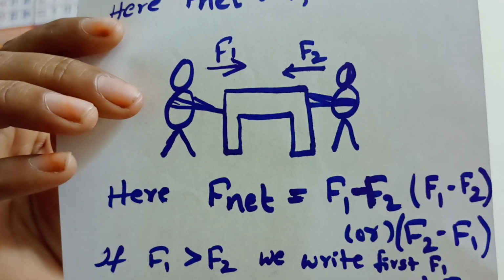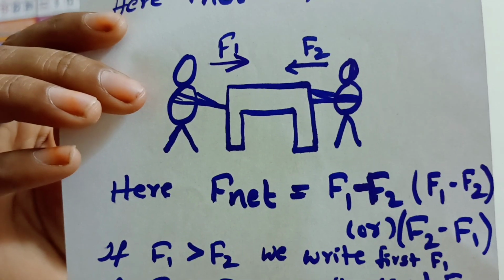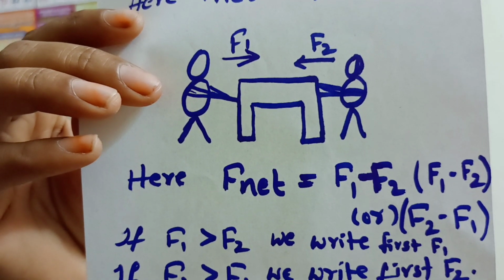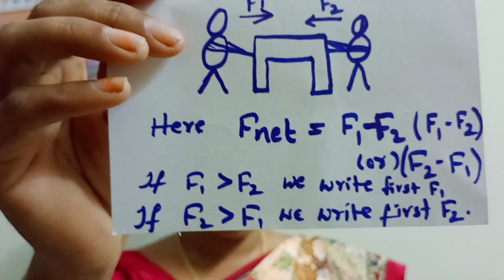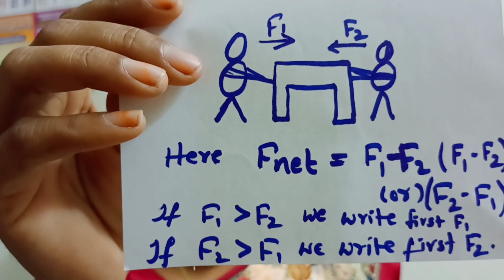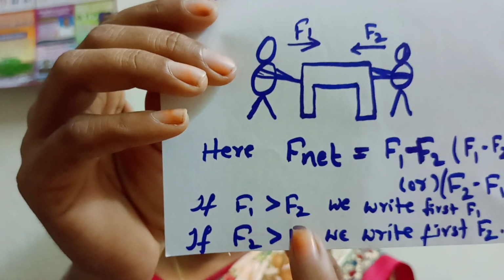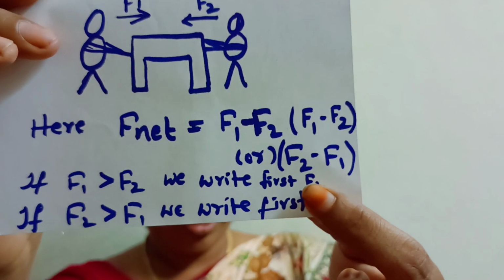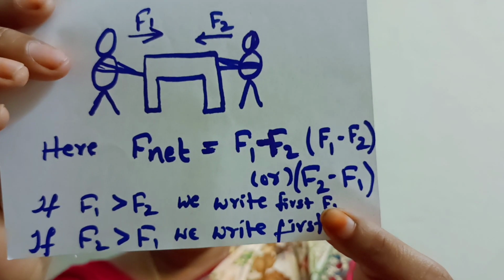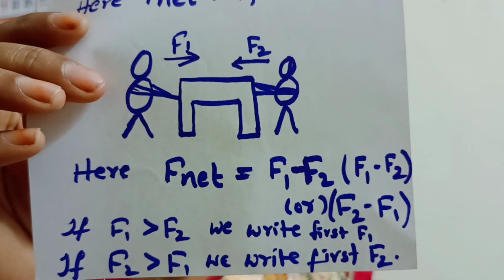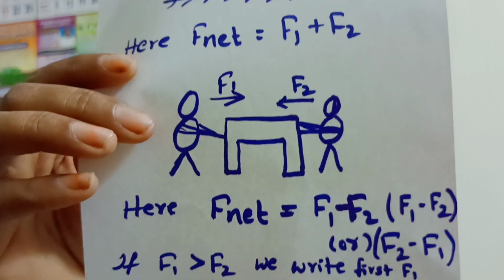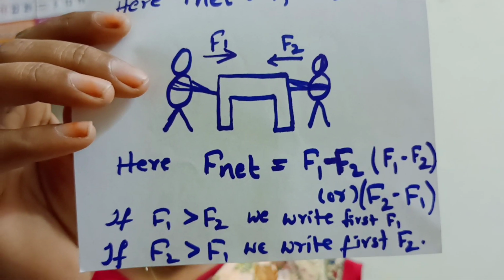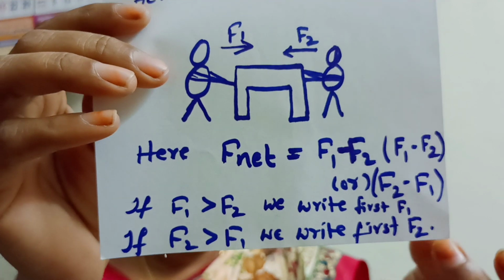We take the difference of the two forces. Why do we take the difference? If F1 is greater than F2, we write F1 first, so we can say F1 minus F2, because we have to subtract the smaller value from the bigger value.